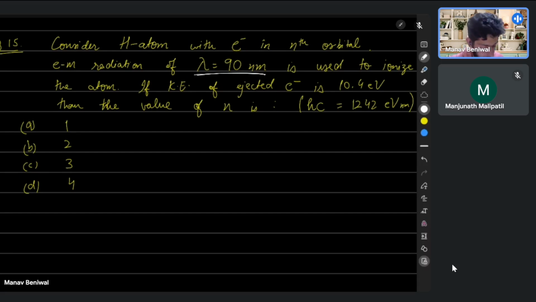So we can calculate the energy of the incident photon, and we know that energy of photon is nothing but h nu or hc by lambda, right? We are given the value of hc here, 1242 eV nanometers, and lambda is also given to us to be 90 nanometers.